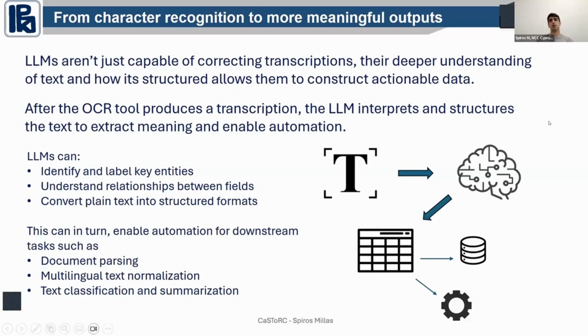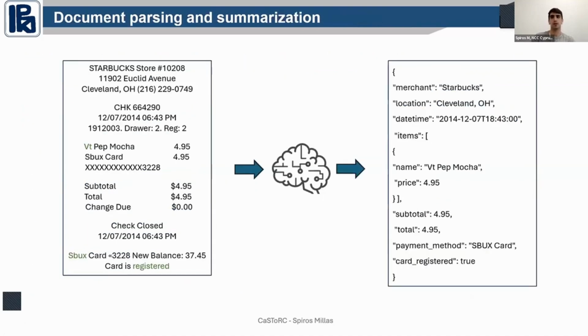And here you can transform plain text into structured data, which is something that you can store, search through, or use in some other pipeline later on. So this step is when the OCR output turns from just raw text into actually useful information.